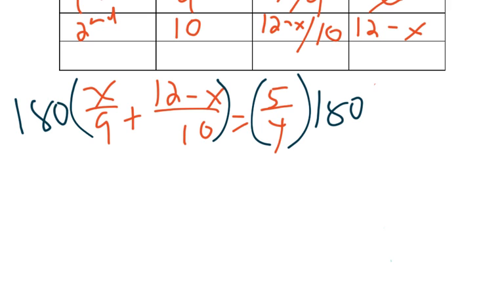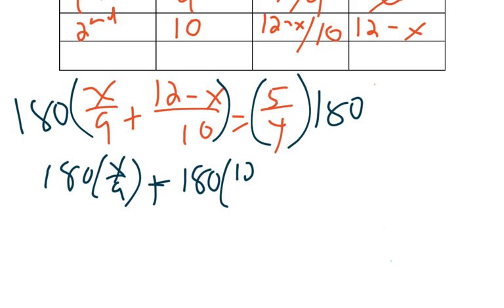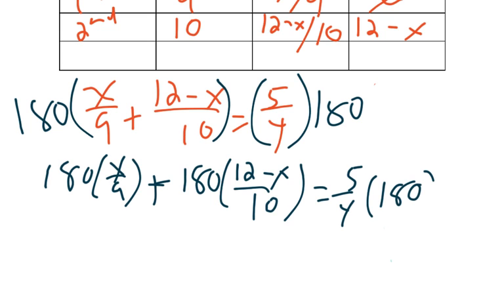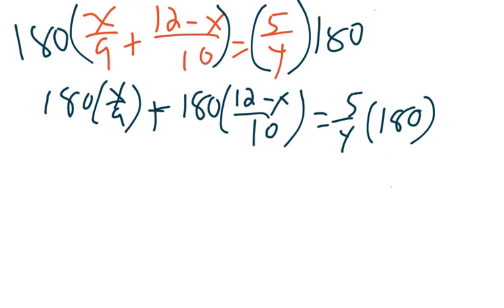And now let's go ahead and simplify it. So 180 times x over 9 plus 180 times (12 minus x) over 10 equals 5/4 times 180. 180 times x over 9, well, we know that 9 goes into 180 20 times, so that's going to leave us with 20x.